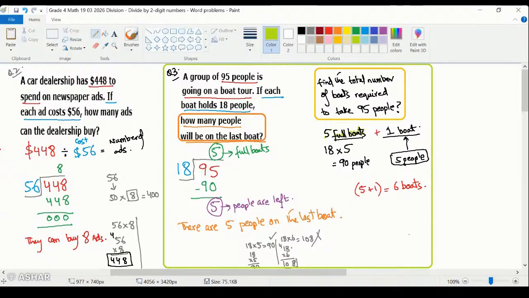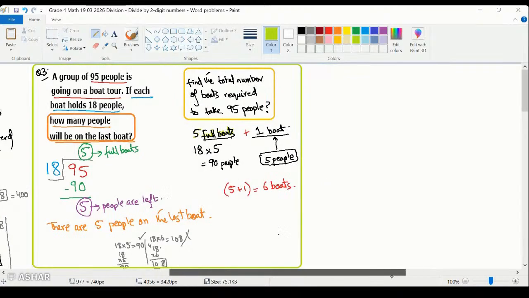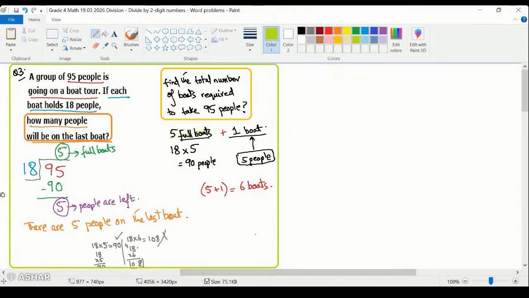If in a car, okay, I'll give you another example. Okay, if 5 people can sit in a car, right? There are 5 seats, 5 people can sit.